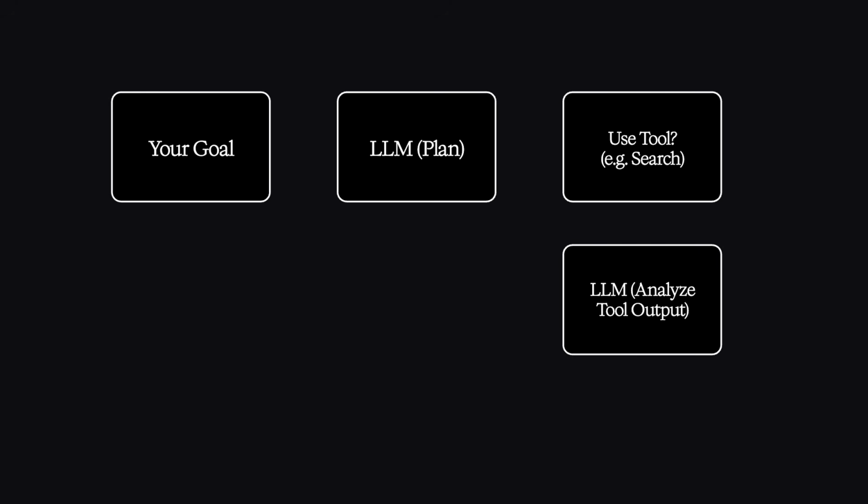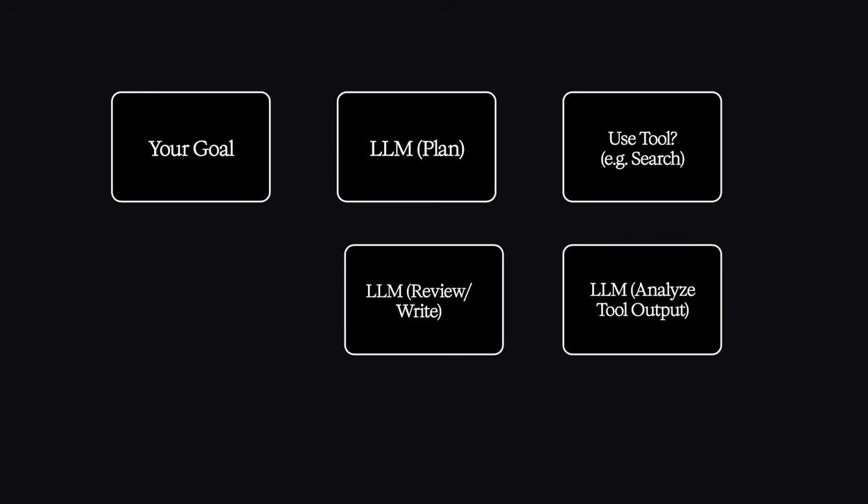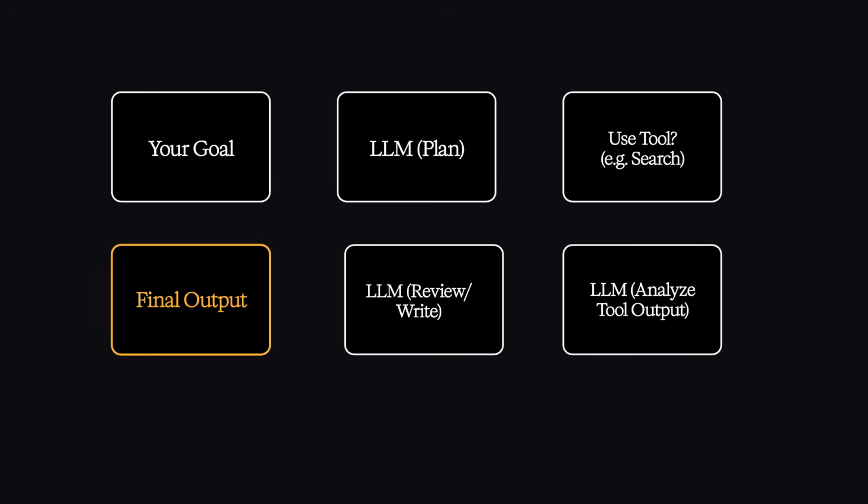And when it's complete, it uses its tool again one more time to do a review and analyze and provide a final output. Here, the LLM isn't just a content generator anymore. It's acting as a reasoning engine. It plans a step. It might use a tool like a web search. It analyzes the results of that search and then it decides what to do next. It repeats this loop until the goal is met. The result? It's almost always a much better output.